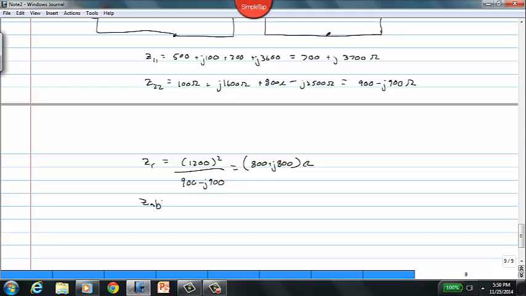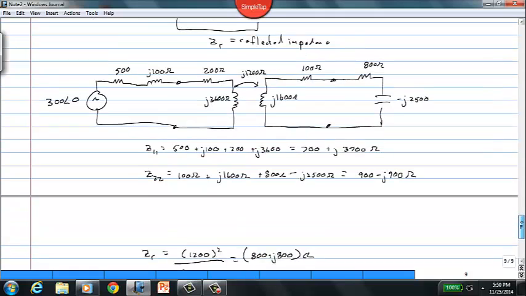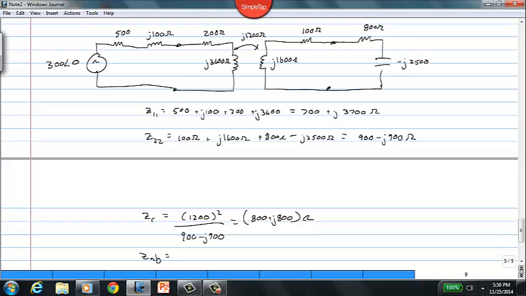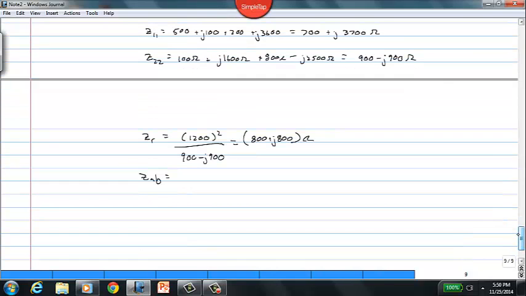So ZAB is going to be equal to 200 plus j3600, those two terms there, plus 800 plus j800 ohms, and that gives us, 800 plus 200 is 1000, and 800 plus 3600 is j4400.